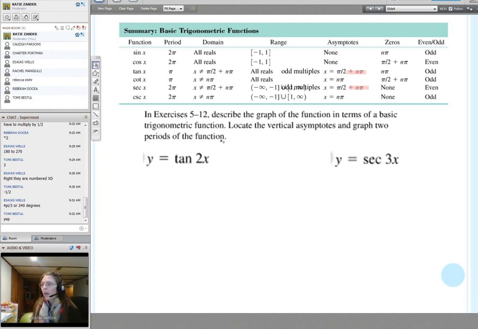Okay, let's go ahead and see if we can describe the graph of each of these trig functions here. So first of all, we'll describe the graph, then we'll locate the asymptotes. So what transformation is occurring with this first one?